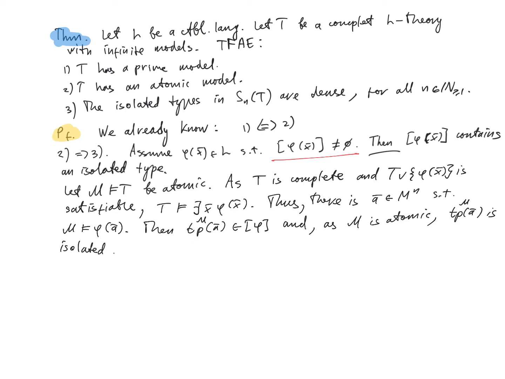So we have shown that every open set contains an isolated type. So this shows that the isolated types are dense, and so 3 holds.